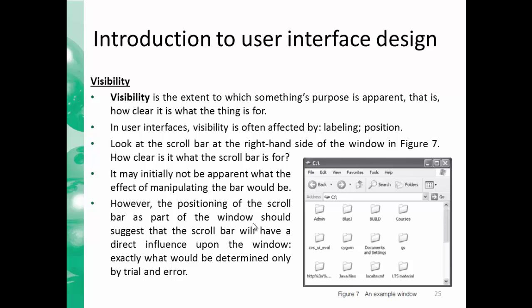If you give it a clear label that tells us what this component or widget is for, then you will increase the visibility of that particular component. Or positioning it. If you put it in the right position, then the positioning of the component will tell us what that object is for.